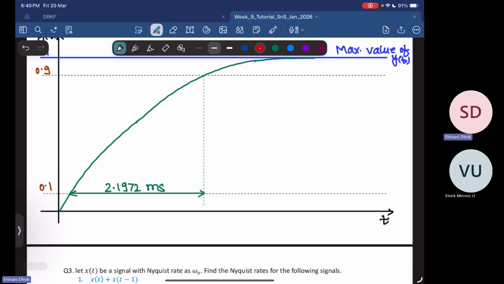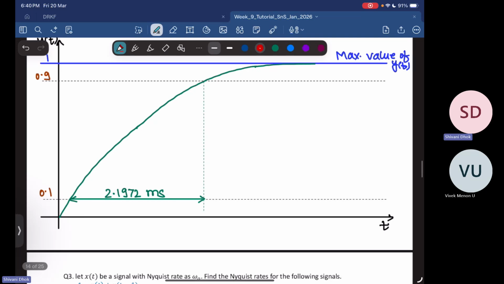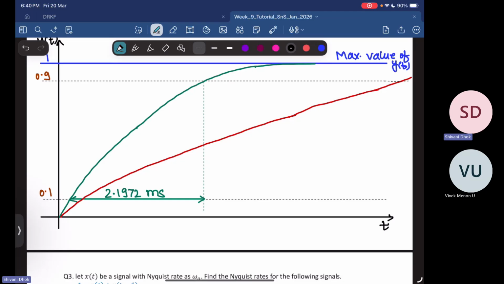Now again, whatever I draw is not to scale. It has to be 10 times, but consider it will be higher. So it very slowly increases and then crosses your 90% value, like this, somewhere here.